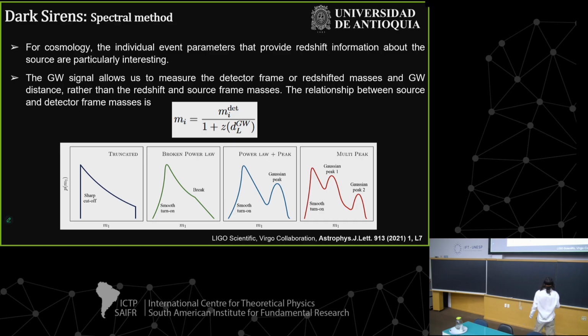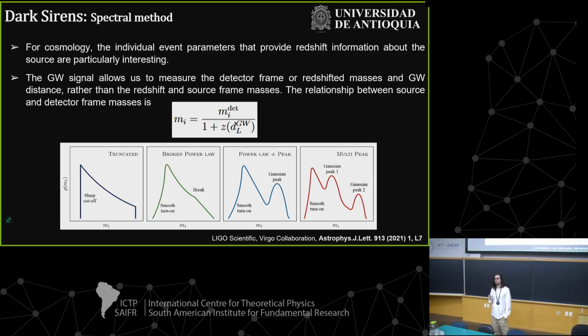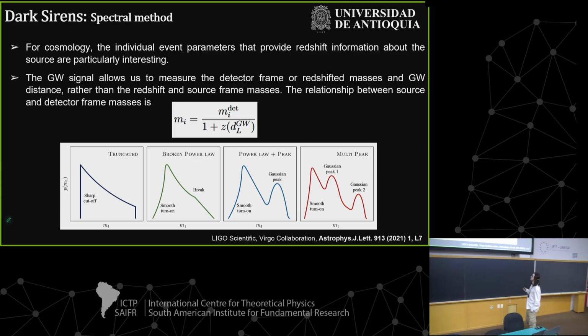One of the methods used when you don't have the electromagnetic information is the spectral siren method, in which you use the information of the compact binary population to infer cosmological parameters. The key idea here is that there is a relation between the source frame masses of the events.